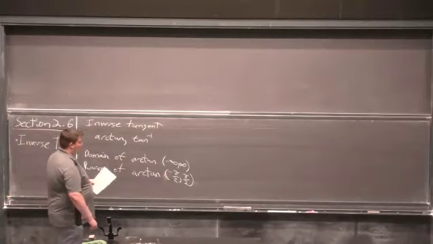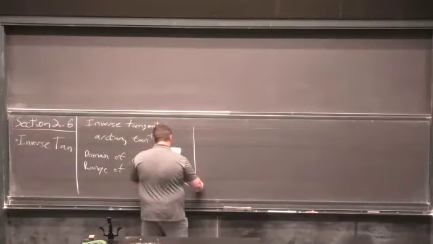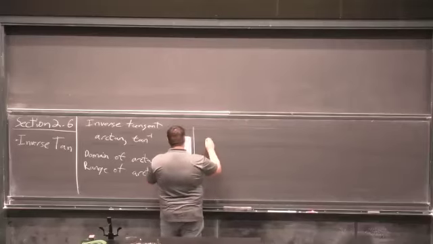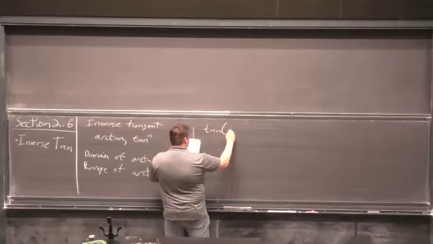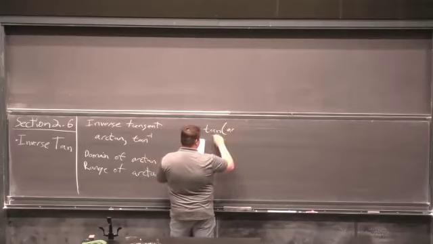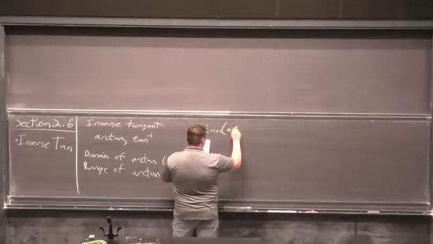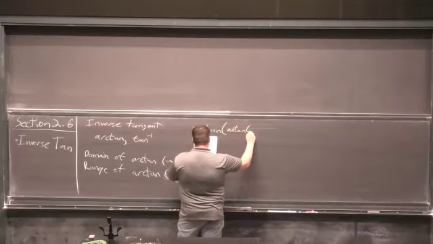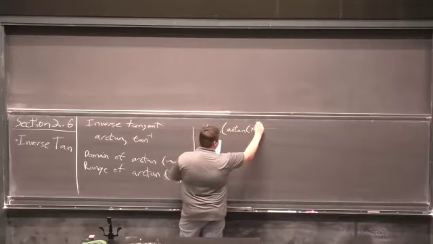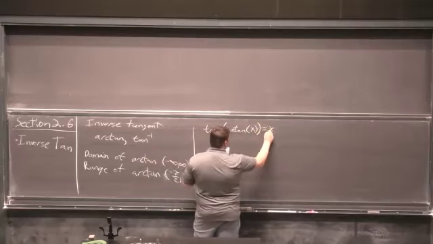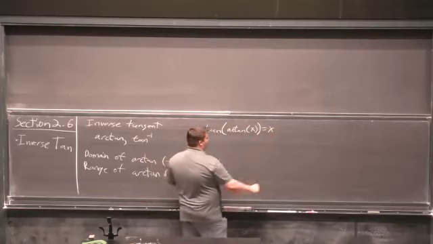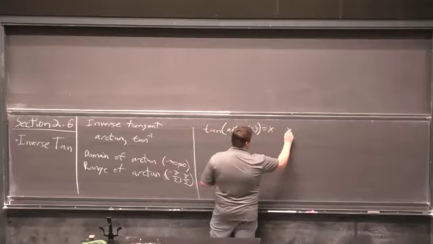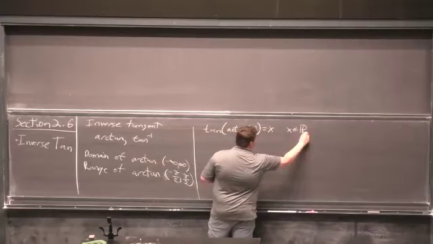So what are some properties that we have? We know that tangent of arctangent of any value is equal to that value. And this is specifically for any x, so x within all reals.